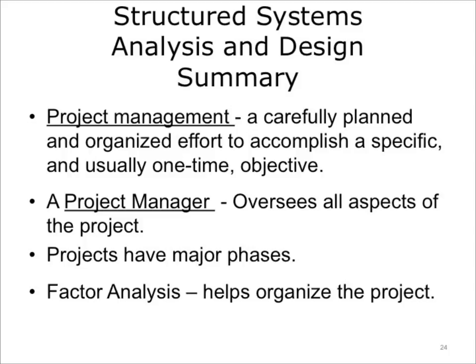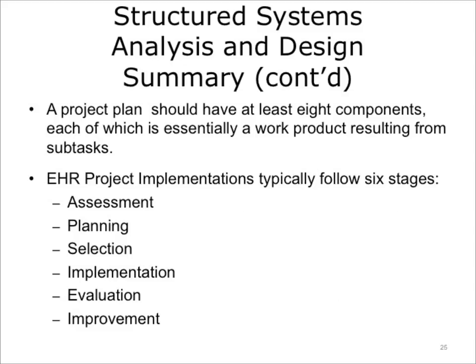A factor analysis is often done before the project begins to help determine scope, resources, and time needed to be successful. A project plan is then developed and typically should have at least 8 components, each of which is essentially a work product resulting from subtasks. The project plan helps identify specific details including workflow, teams, communication, and approvals needed to ensure project success.